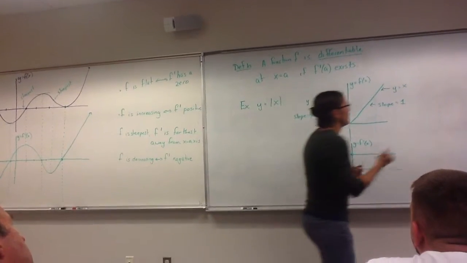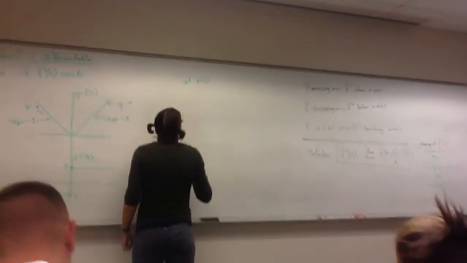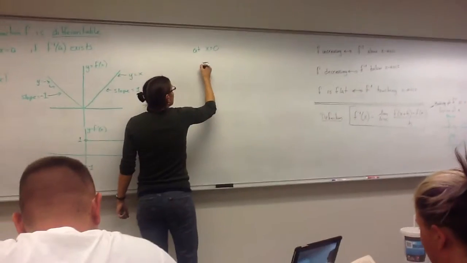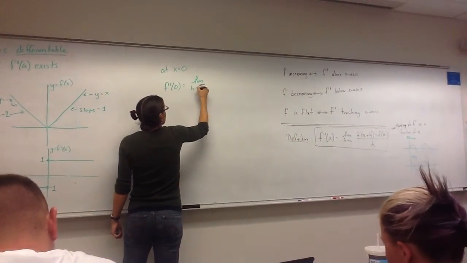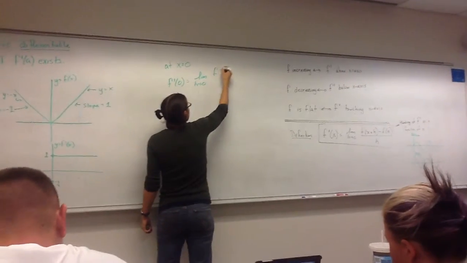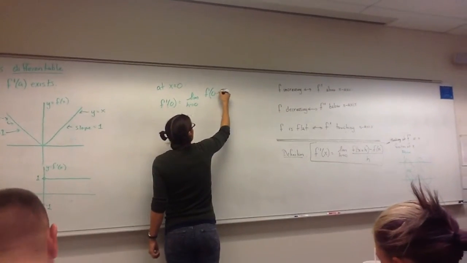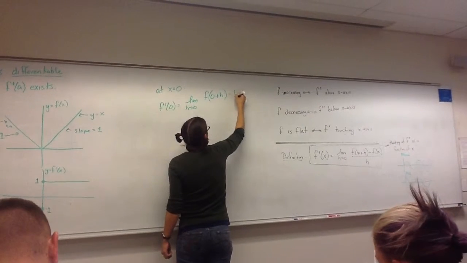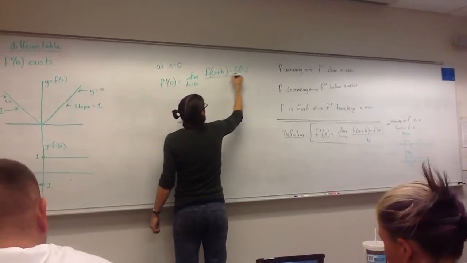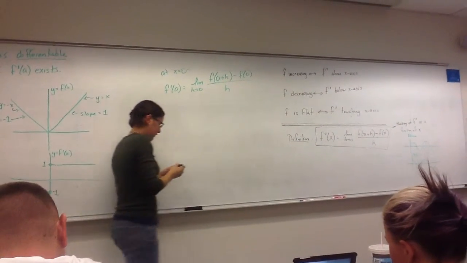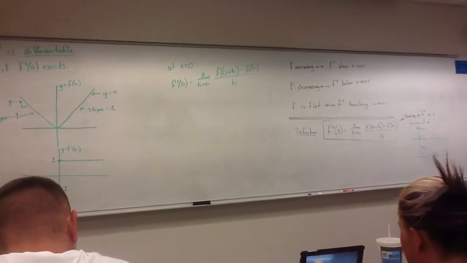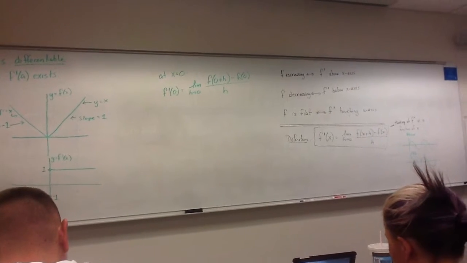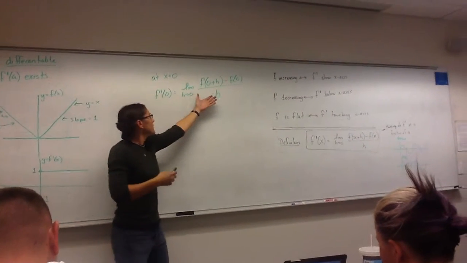Let's talk about 0. So at x equal to 0, f prime of 0 will be the limit as h goes to 0 of f of 0 plus h minus f of 0 over h. So what is this doing?